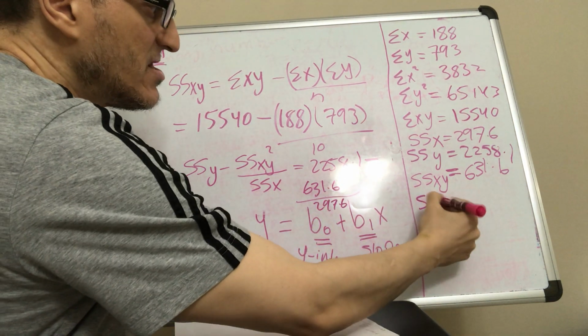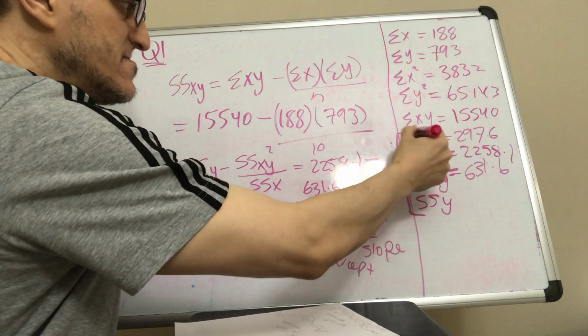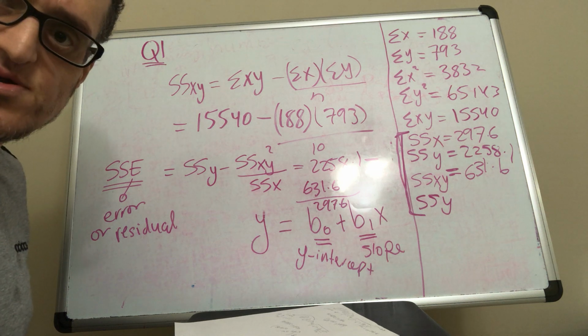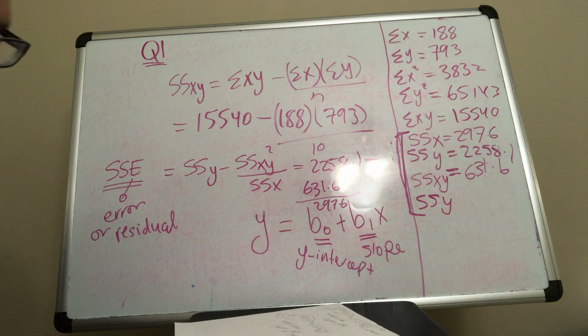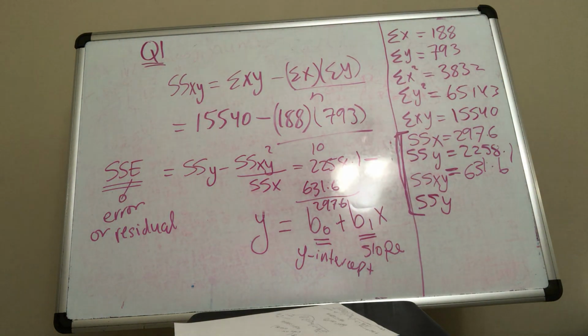So now I have my four SS's. I forgot to do this in the calculator. If you just wait until I get the calculator, I'll be back.